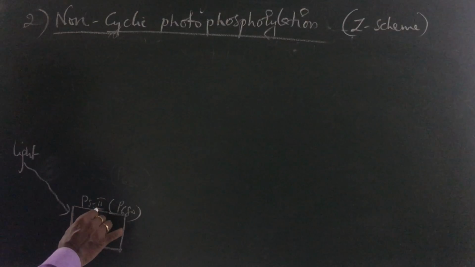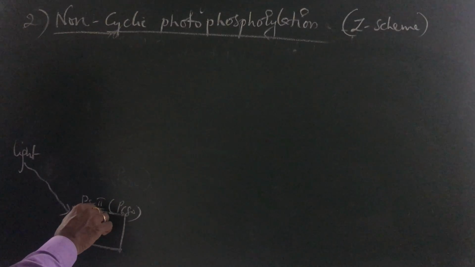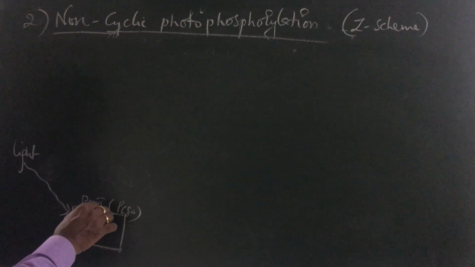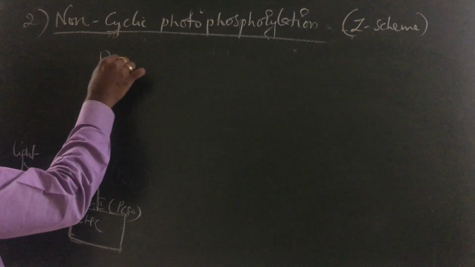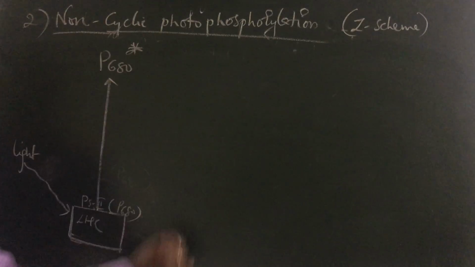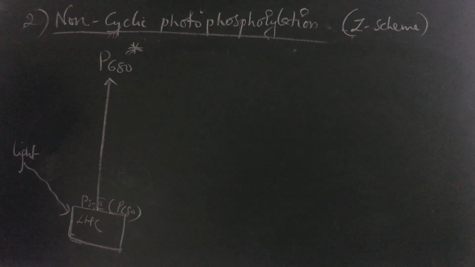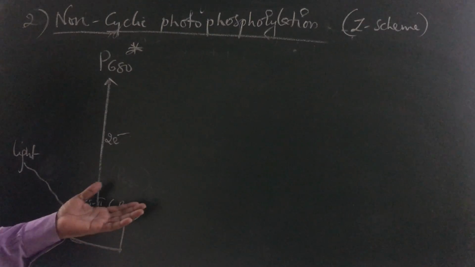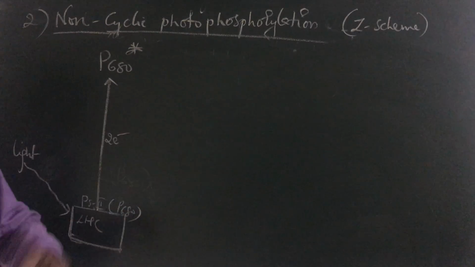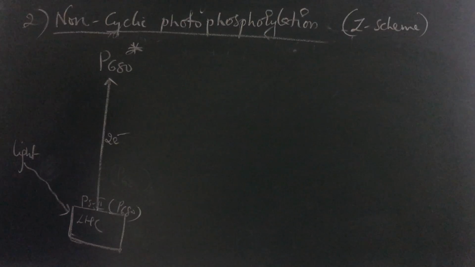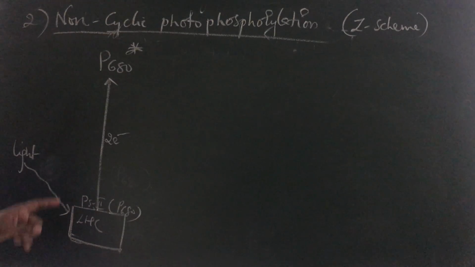Then it moves to the excited state. This is called excitation. When light is absorbed by the pigments, they get excited, and in that process the electrons are ejected from the orbital to higher energy levels.